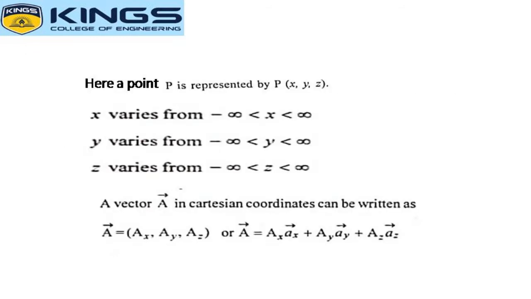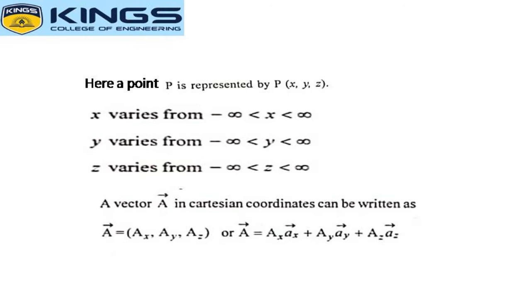A point P in a rectangular coordinate system is represented by P of x, y, z, at anywhere in the rectangular system. The coordinates x, y, z all vary from minus infinity to plus infinity.